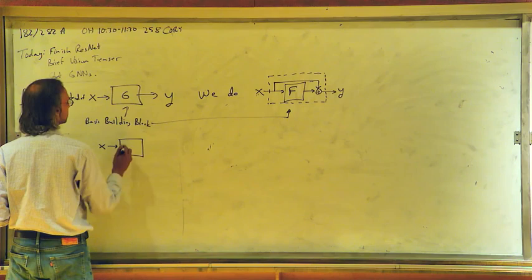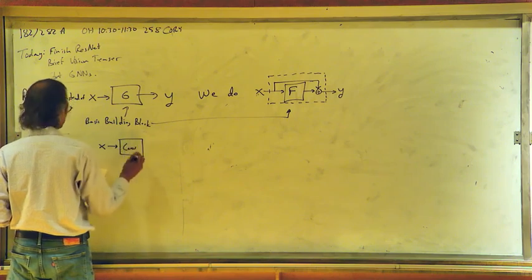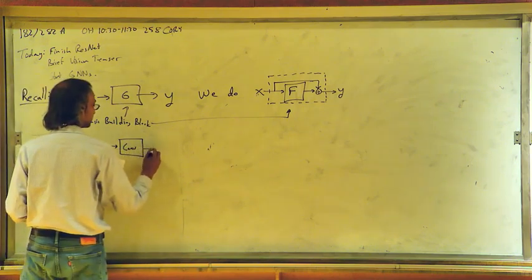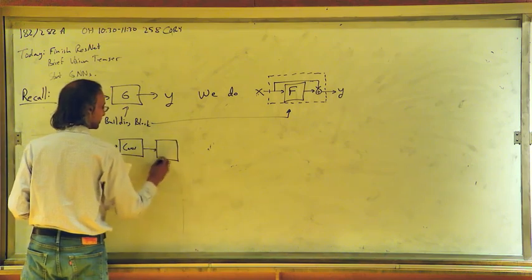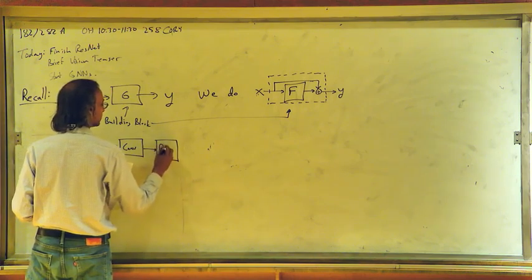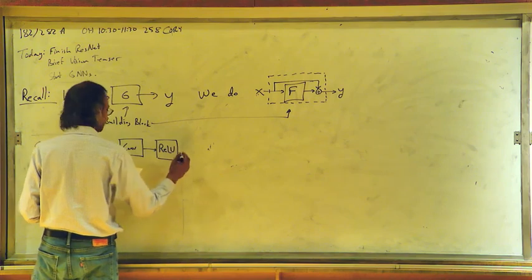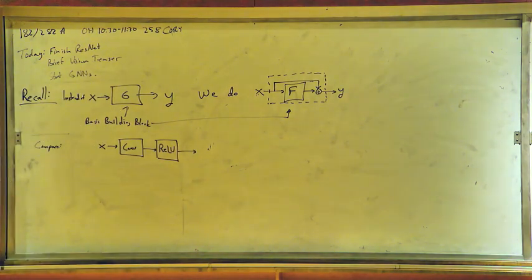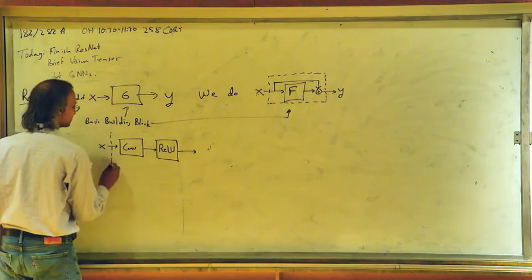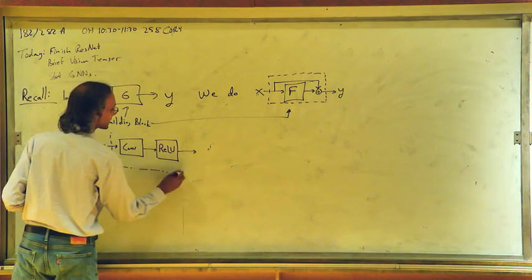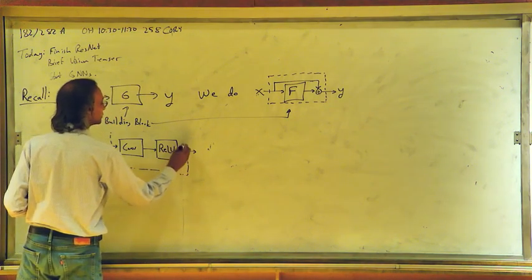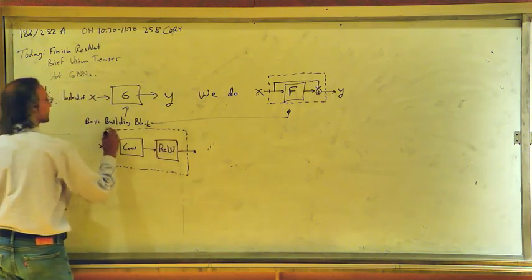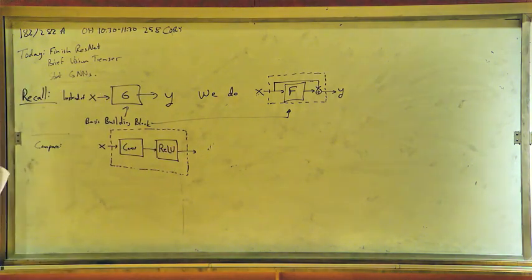X comes in, there's some convolution, there's some nonlinearity, ReLU, and that's it. Okay, suppose this is the candidate for the F. So it's like one classical conv layer, again, classical ConvNets.